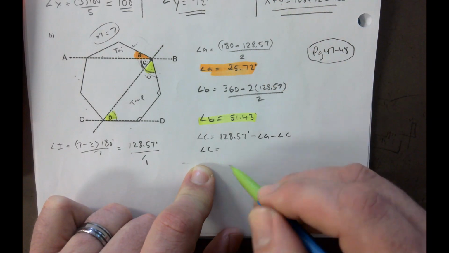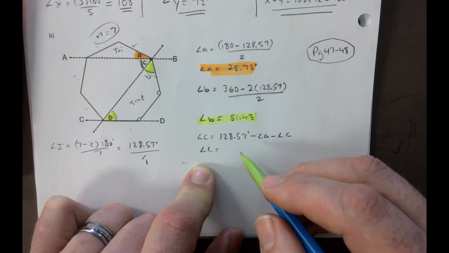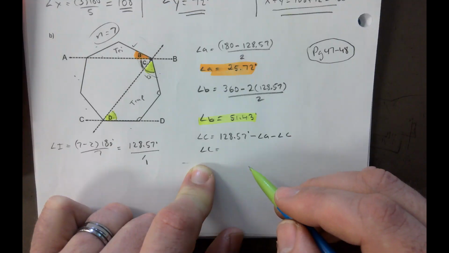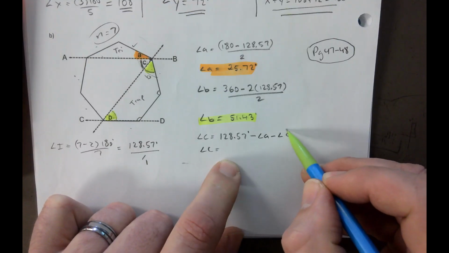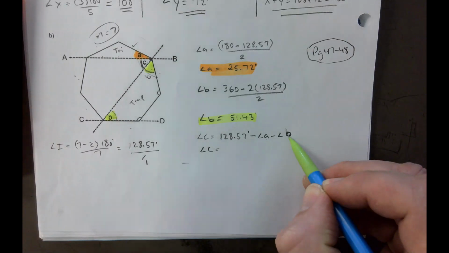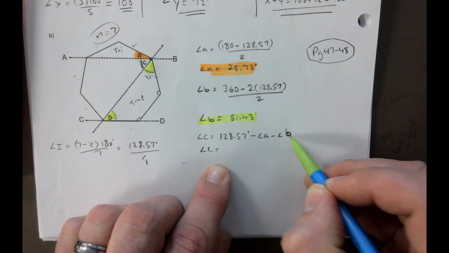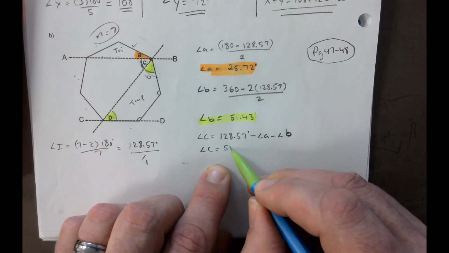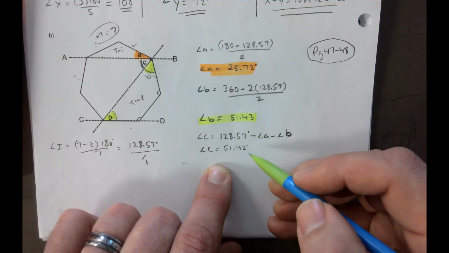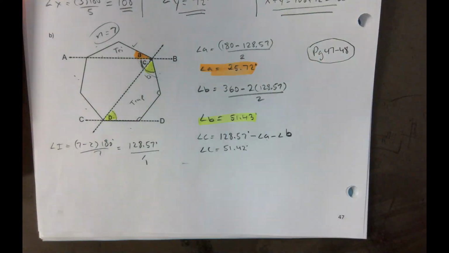Angle C ends up being 51.43. Sorry, this is wrong, right? This is supposed to be angle B, my bad. A and B is taken away to get C. So angle C is 51.42. Almost the same as the other one. I need a color there.